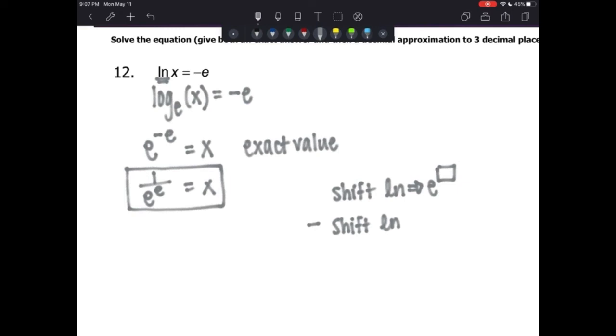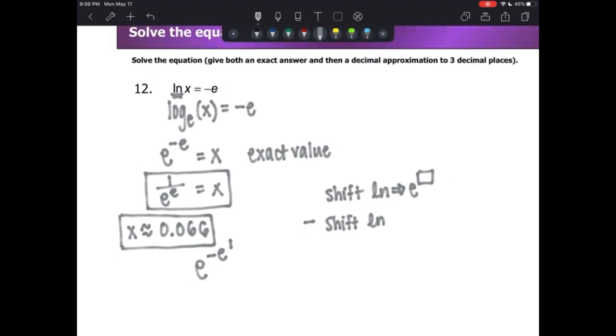Then it asks me what power do you want? Well, I just want negative e, so I'm going to put the first power. This is what it looks like on my screen: e raised to the negative e to the first power. Then I press enter, and I get x is approximately 0.066. That's our answer.